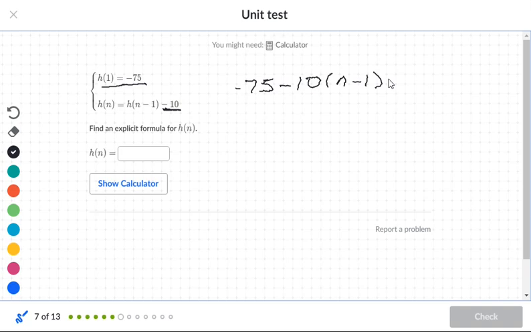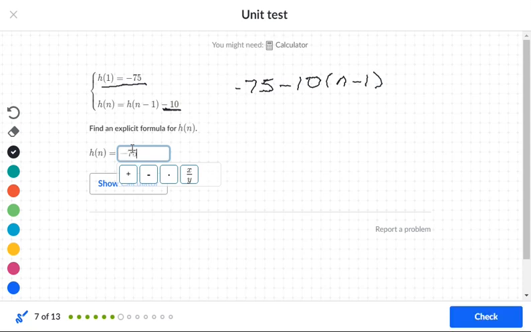It still stays at the same level as the negative 75 and 10. So we're going to go negative 75, then minus 10 because that's our rule, and then parentheses n minus 1. So again, our first term is negative 75, our rule is a negative 10, everything stays at the same level because it's arithmetic, so it's n minus 1.